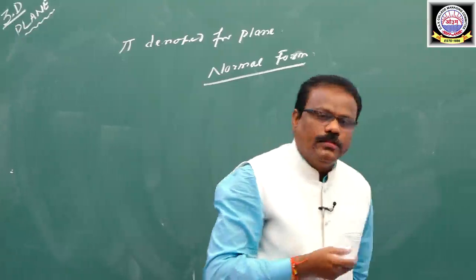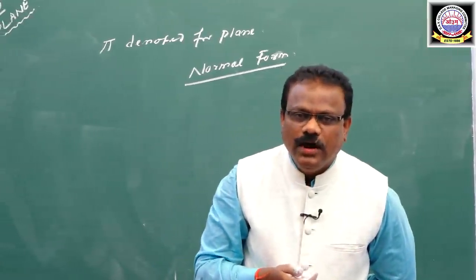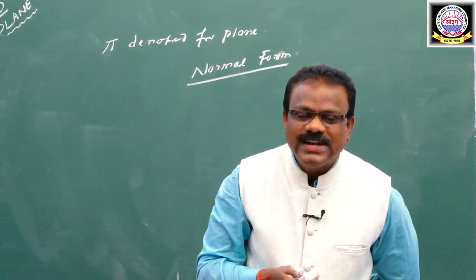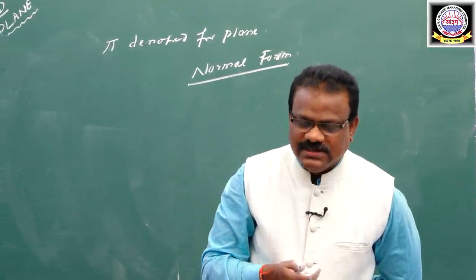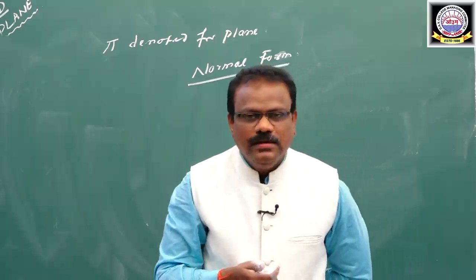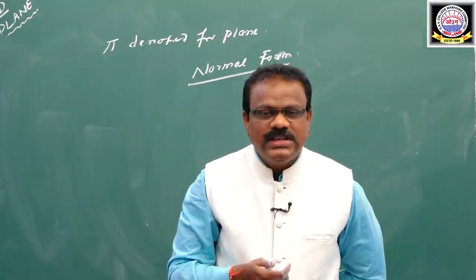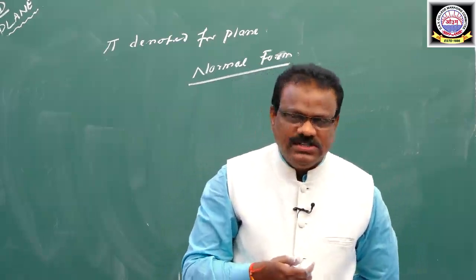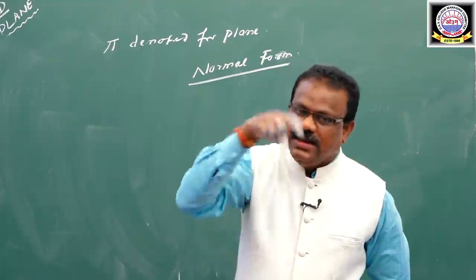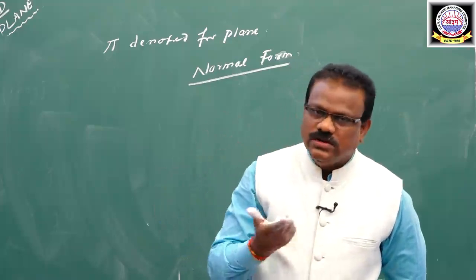Before coming to the normal form, I am just reminding you of the normal form that you know from the straight line in class 11. And what do you mean by the normal? The normal is the distance of the plane from the origin. In class 11, the distance of a line from the origin was called the normal.